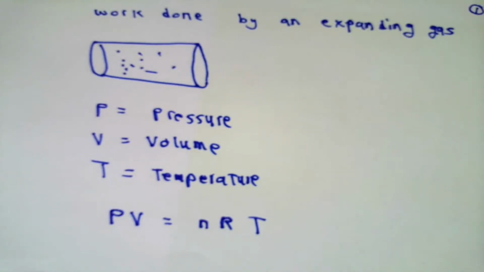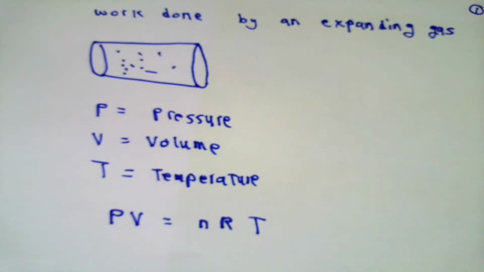In thermodynamics, they talk about the ideal gas law that says pressure times volume is N times R times T. The N is the number of moles of material that you have. The R is an actual honest-to-goodness constant called Boltzmann's constant. And otherwise, we already know what all these letters mean.